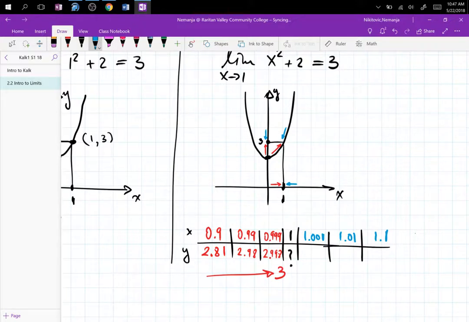So if you think of 1 as a dollar, you have $0.10, $0.01, and 1/10 of a cent. And now you compute the same thing, right? You will be calculating the values in the function. So 1.1 squared plus 2 is 3.21.